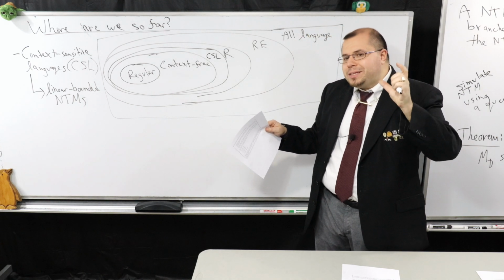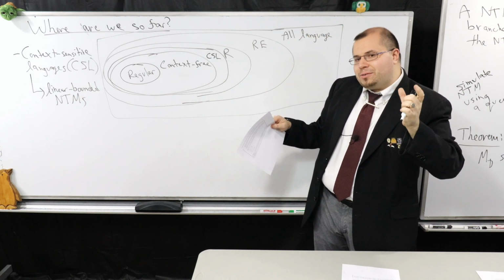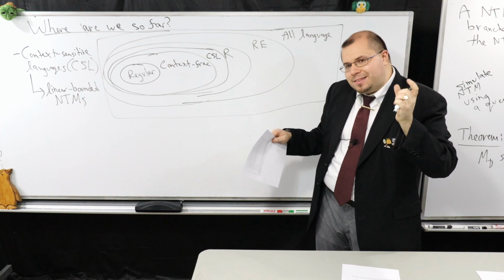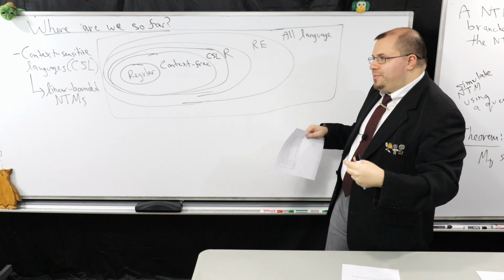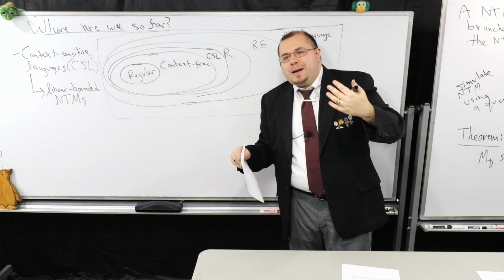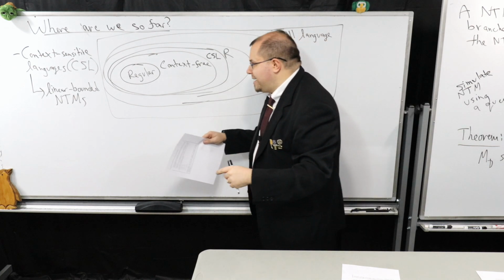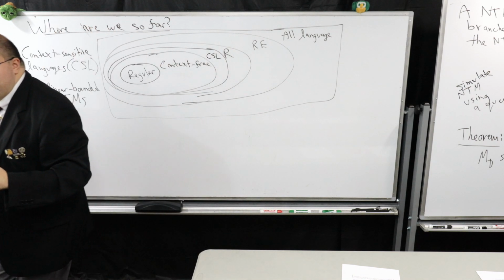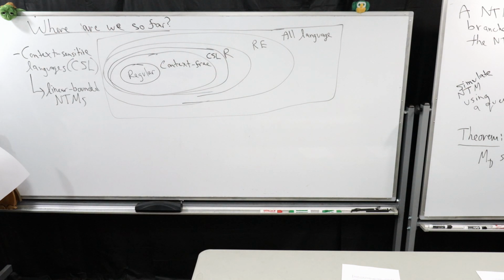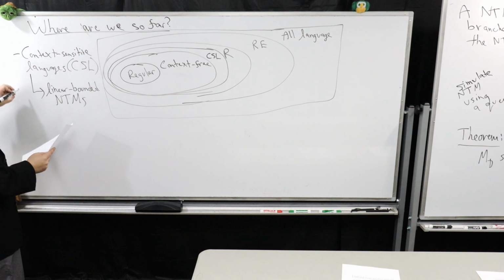You only have a constant factor amount of tape cells with respect to the input. So if I gave you 5 tape cells, it can only be a multiple of 5 beyond there that you can use. So I'm bounding the space that you can use on the tape. That's what a linear bounded nondeterministic Turing machine is.